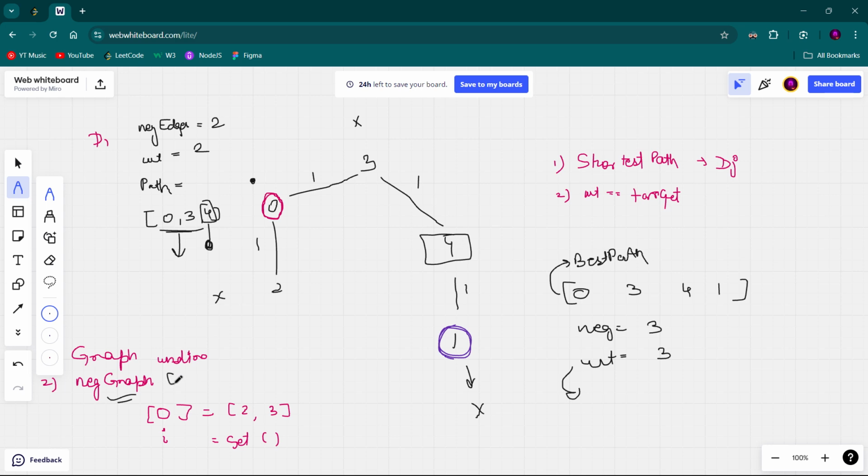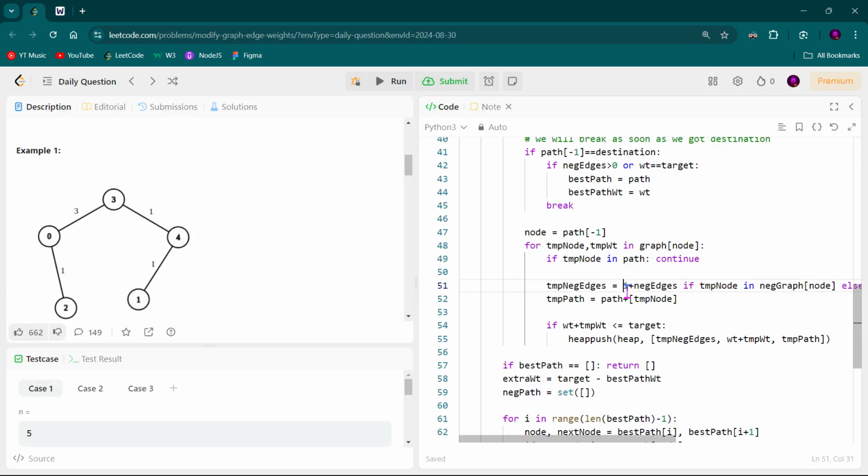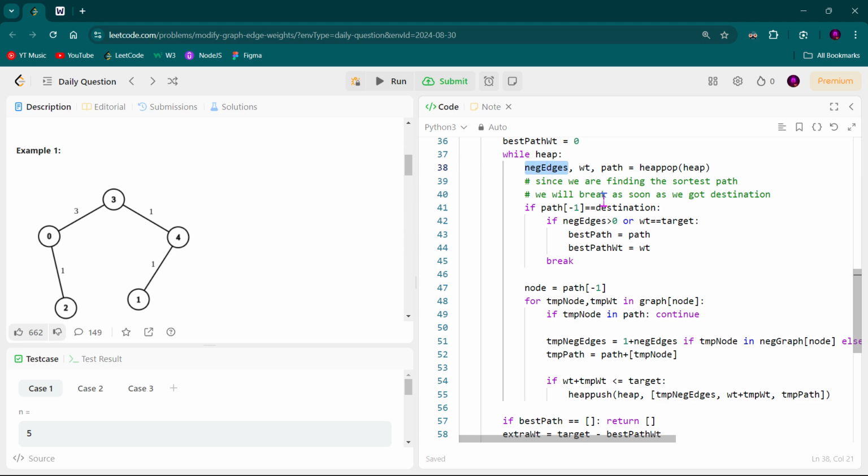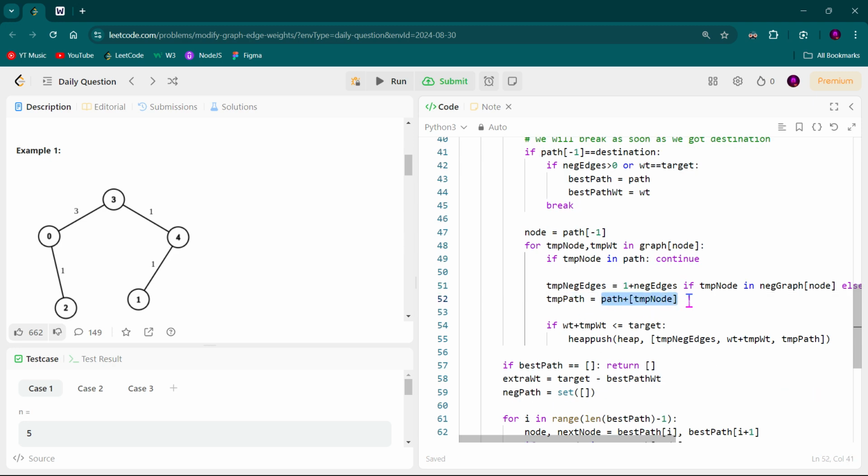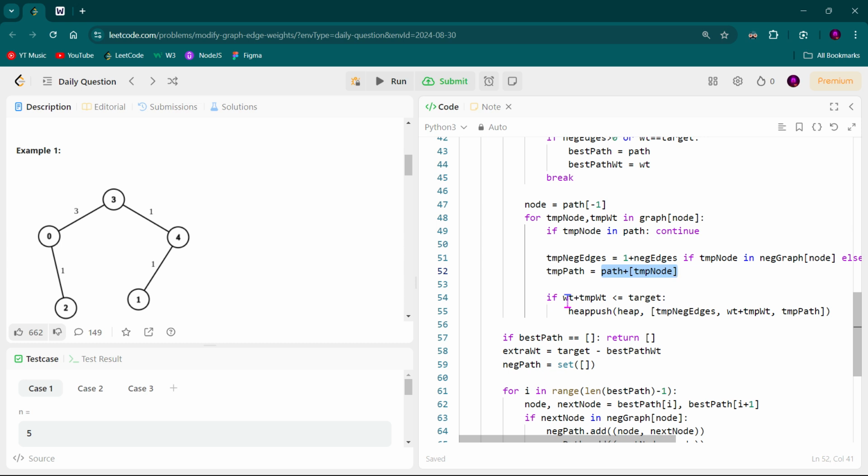I will check the negative graph of 3, and if 4 is present in the set, then it was negative. So I am going to add 1 to the negative edges. I am adding to the path. Now, if the weight is less than the target, then I'm pushing it. If the weight plus temp weight is greater than the target, I have no use. So push negative edges plus 1, the total weight, and the path. Okay, the simple heap.